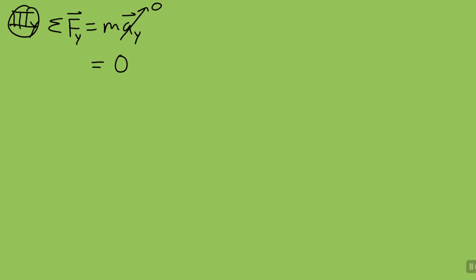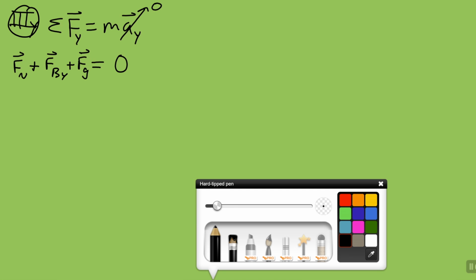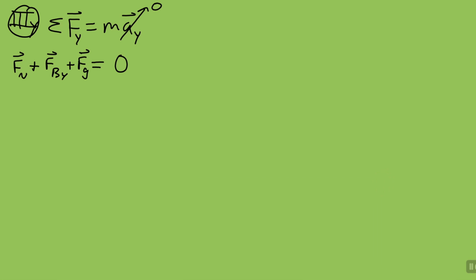So what I have over here, sigma F sub y is going to become F sub n with a hat plus F sub by with a hat plus F sub g also with a hat. Remember, when you're doing step 3, everything wears a hat and everything gets a plus.